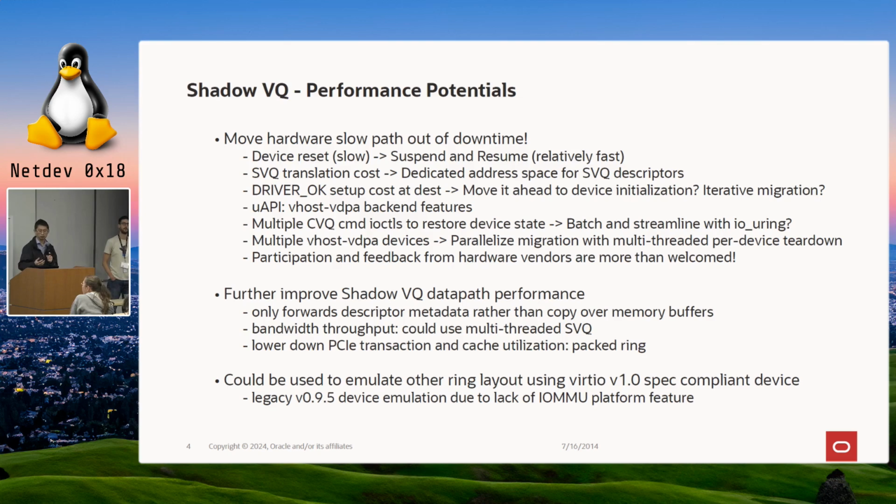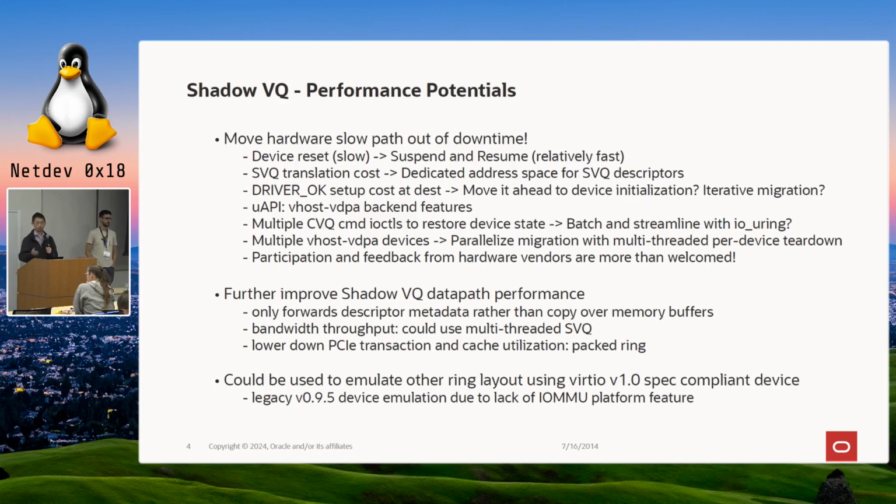The takeaway is that we can either move ahead to device initialization if that's possible, but if not possible, we can do some QEMU level enhancement to make it part of the pre-copy phase. While you prepare the migration on the destination, you can try to synchronize the state and try to amortize those device setup costs on the destination.